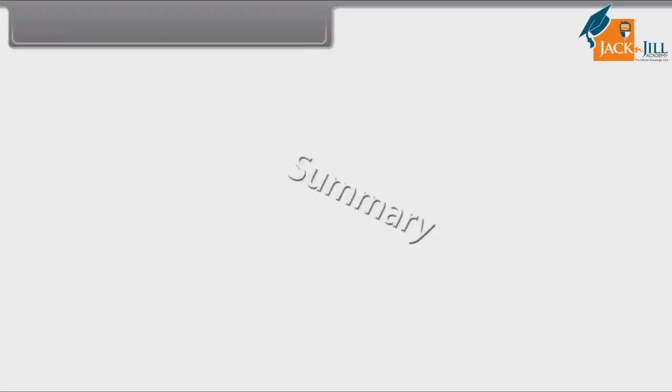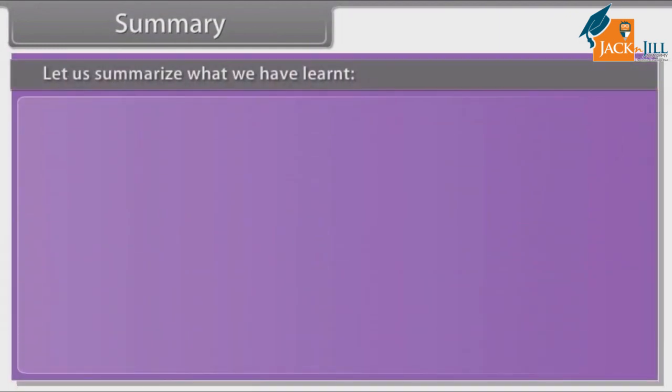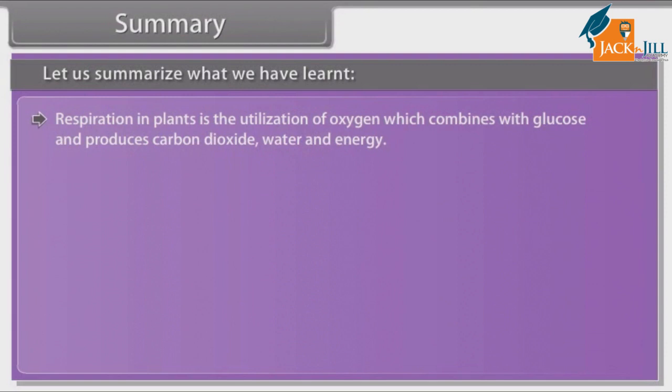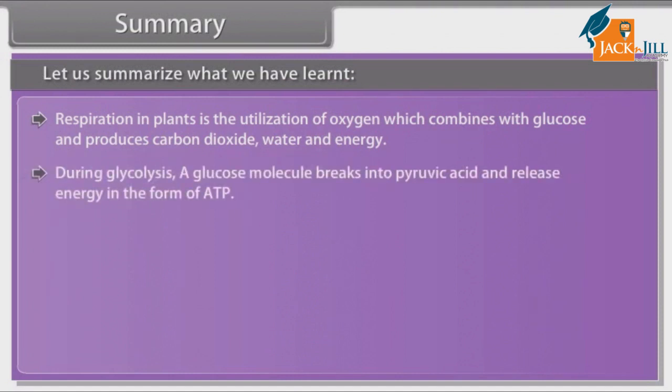Summary. Let us summarize what we have learned. Respiration in plants is the utilization of oxygen, which combines with glucose and produces carbon dioxide, water, and energy. During glycolysis, a glucose molecule breaks into pyruvic acid and releases energy in the form of ATP.